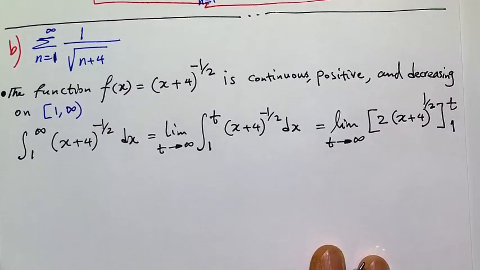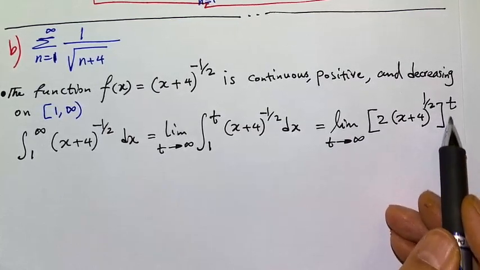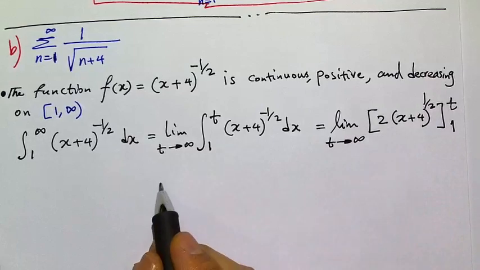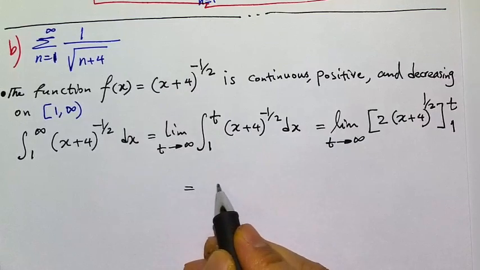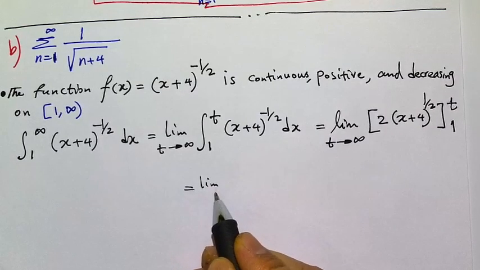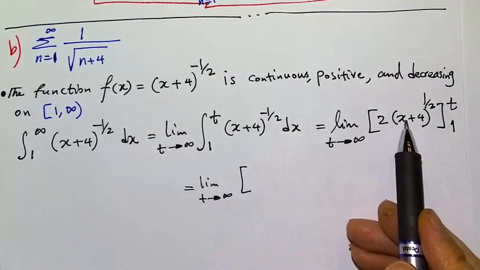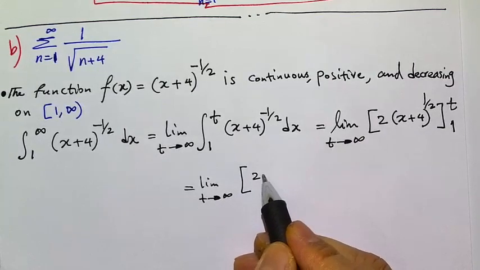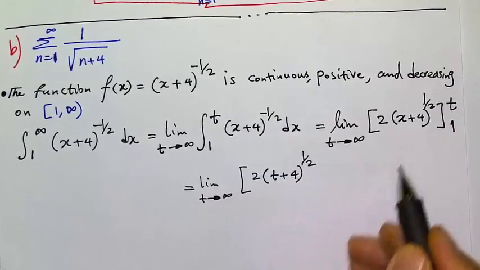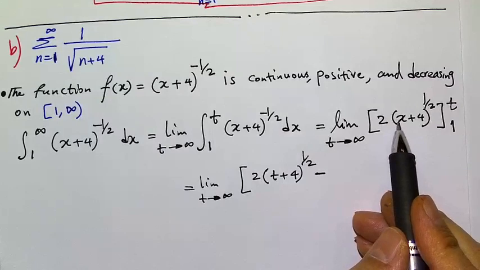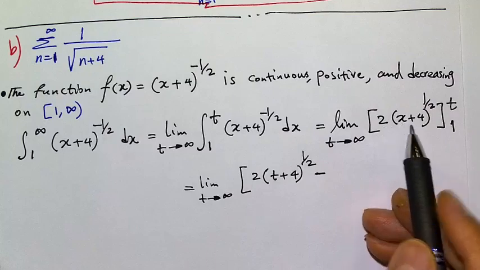All right, so let's apply the limits of integration before we decide that t should go to infinity. So this would be the limit as t goes to infinity of 2 times t plus 4 to the 1/2 power, minus, substituting 1, 2 times the square root of 5.